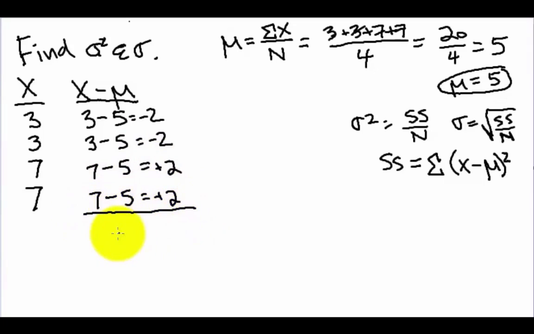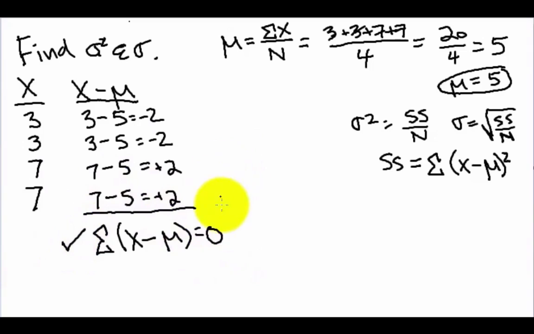Now what you want to do at this point is sum these up as a check. That's the sum of x minus mu. We're just going to add up these values here. So negative 2 plus negative 2 is negative 4. 2 plus 2 is positive 4. So negative 4 plus positive 4 is 0. That's exactly what we want. That checks out.